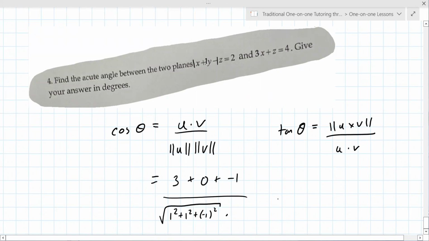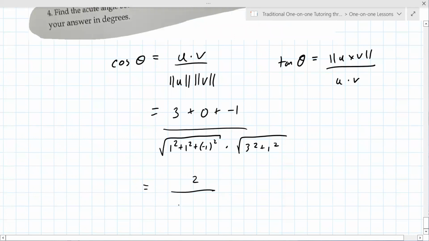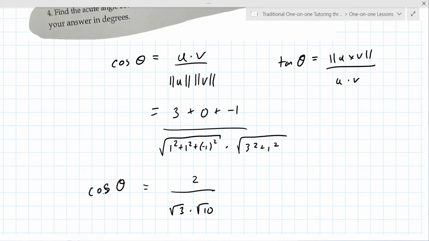And on the other one, we've got 3 squared plus 1 squared, so square root of 10. So it looks like it's 2 over square root of 3 times the square root of 10. And that's why you need a calculator, because who knows what this is. But in your class, you might get one that works nicely. I don't know. Hope so.